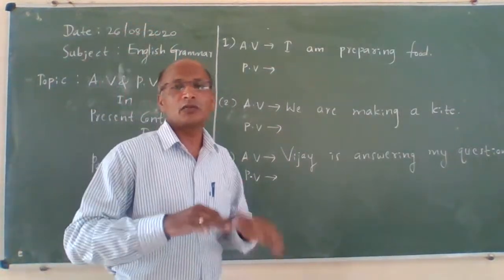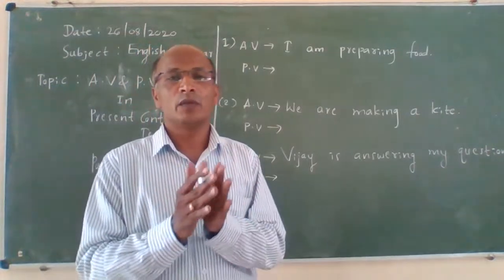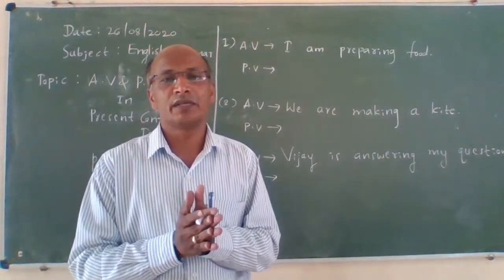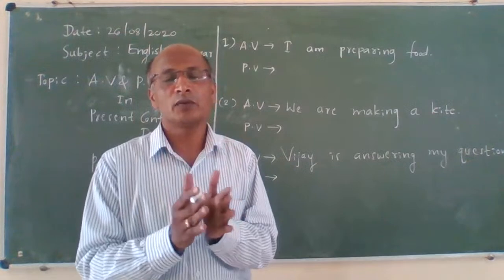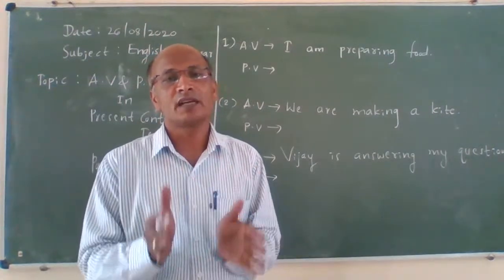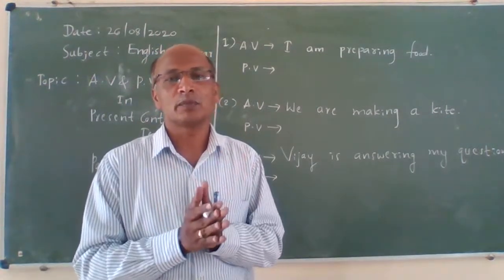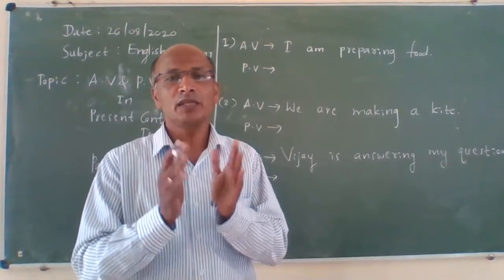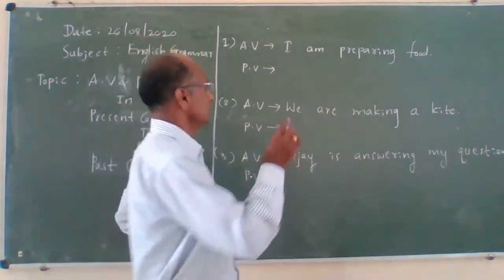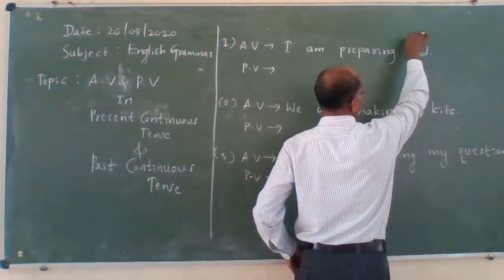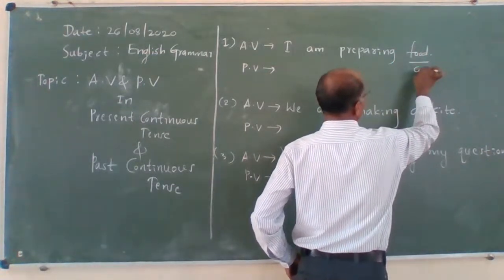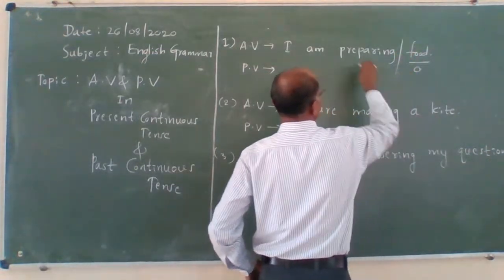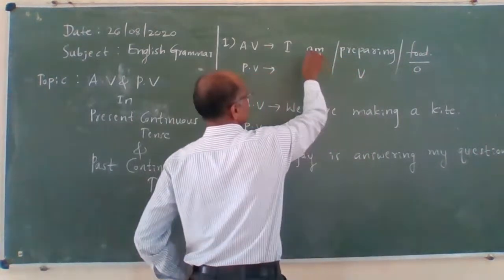To change from active to passive, first we should find out which is the object in the given sentence. After that, we should find out the helping verb and the main verb. After that, we should find out the subject. First, who is the object? Food is the object. Preparing is the verb.